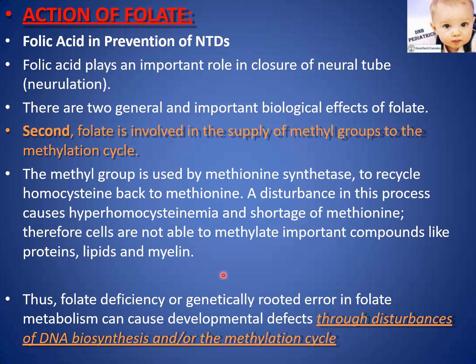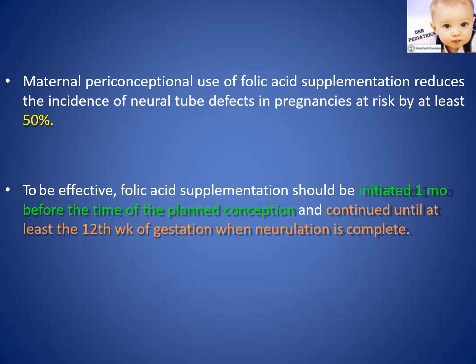Thus, folate deficiency or a genetically rooted error in folate metabolism causes developmental defects through disturbances in DNA biosynthesis and in the methylation cycle. So folate affects two processes: DNA biosynthesis and the methylation cycle. So it is important that we give folic acid supplementation during pregnancy.